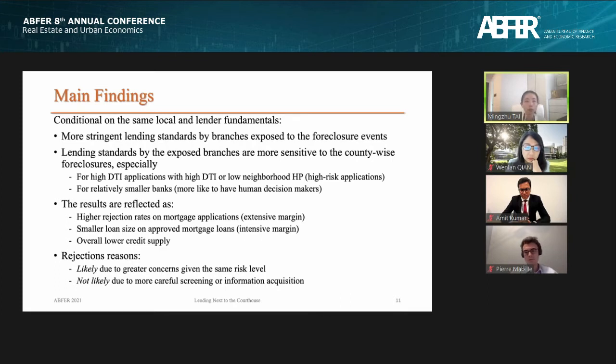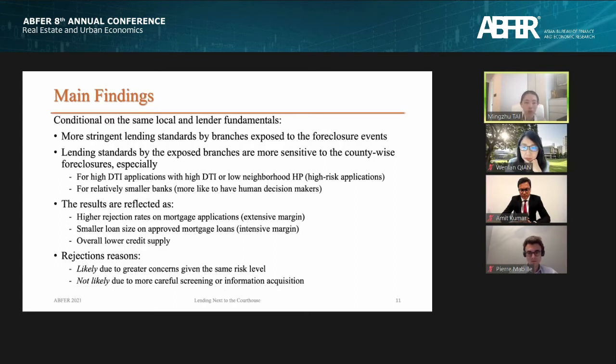And furthermore, we also try to explore the reason behind this outcome, say how loan officers' behaviors are changed. So there are two possibilities. First, if a loan officer becomes more cautious when he or she is aware of the negative market news, the loan officer can just try to spend more time and effort to more carefully screen the mortgage applications and to collect more information.